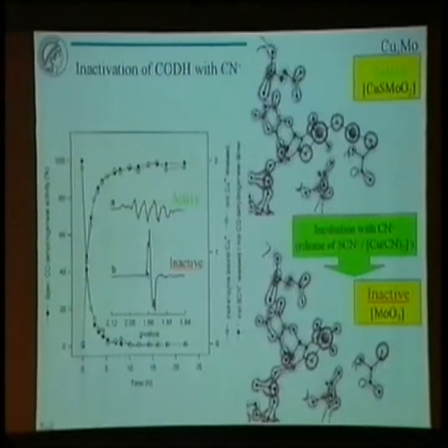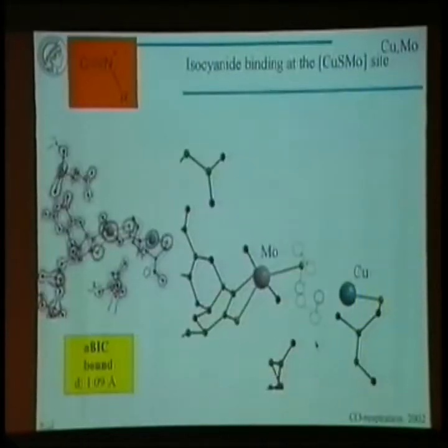We also can follow the electron spin resonance and see, in fact, that the copper is lost, which gives a characteristic, together with the molybdenum, a characteristic electron spin resonance spectrum. And then we can bind N-butyl isocyanide to it.